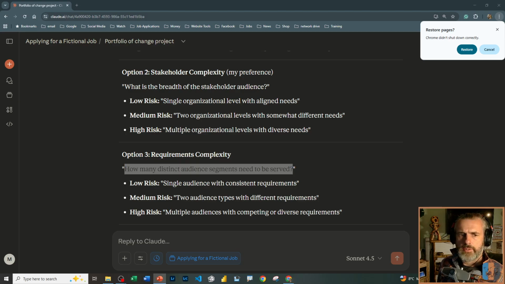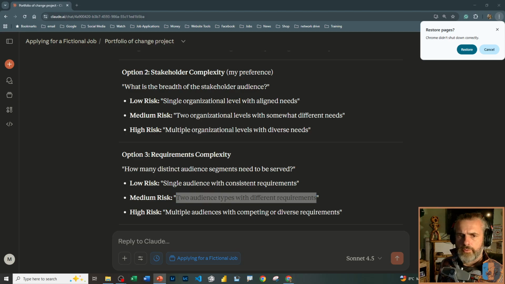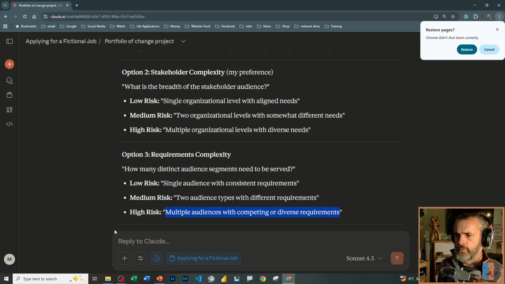Nice. Let's change it to that one. And the response is single audience, two audience types with different requirements, multiple audiences with competing or diverse requirements.